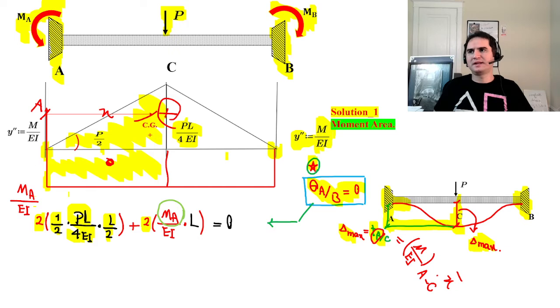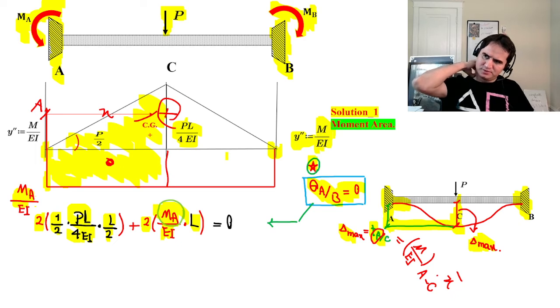We do not know what MA is, but we do know it's the area under M over EI for the negative part times L over 2. Let me modify that.